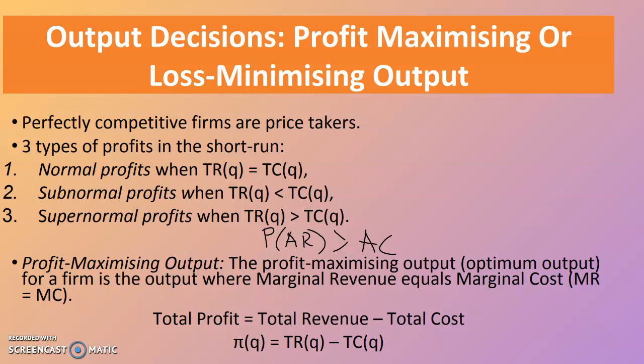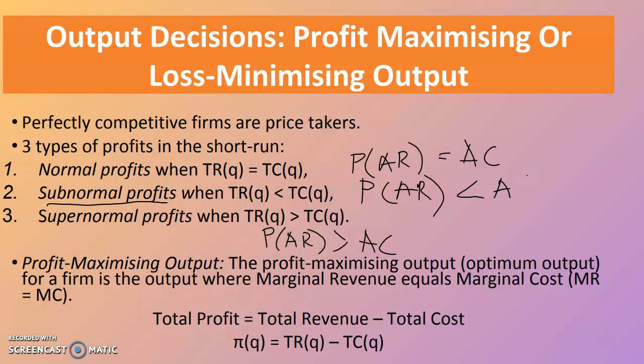Under the normal profit, the price or the average revenue equals average cost. For the subnormal profit, the price or average revenue, since remember previously price is also average revenue and marginal revenue, is less than average cost.